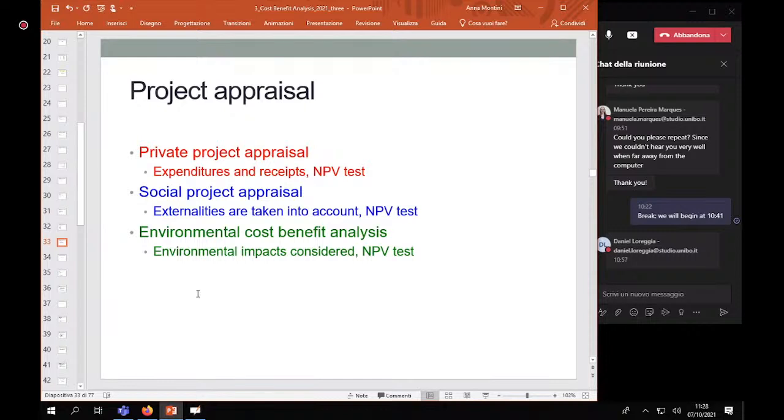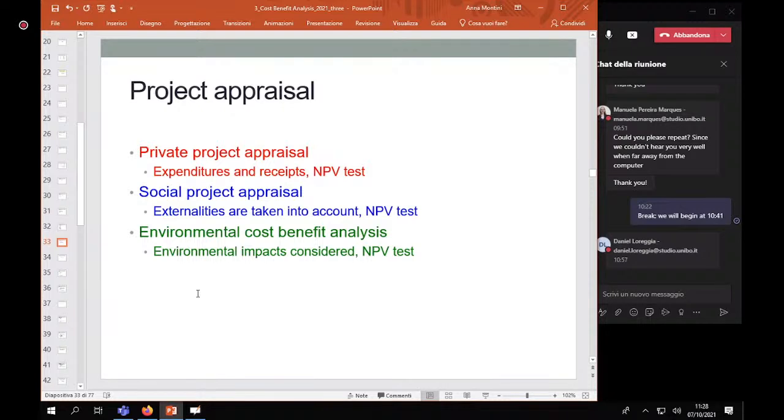So the logics are very similar, but you have to consider by yourself if you are facing a private project or a social project or an environmental project.